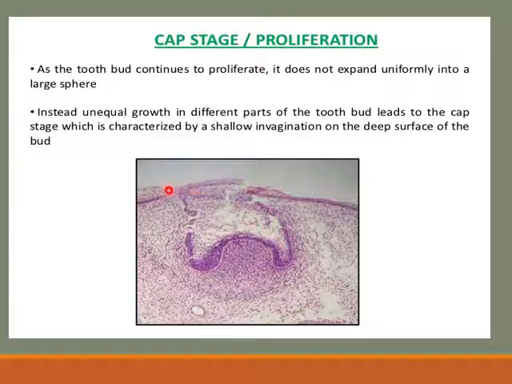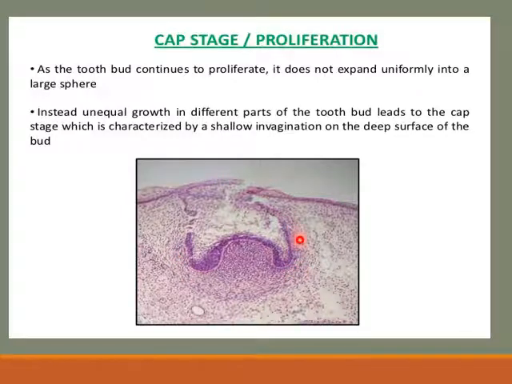This is the oral epithelium, and this is the dental lamina fusing the oral epithelium with the enamel organ. This is the enamel organ in cup stage, and this is the dental papilla adjacent to the enamel organ, and the outer layer is the dental follicle or dental sac.